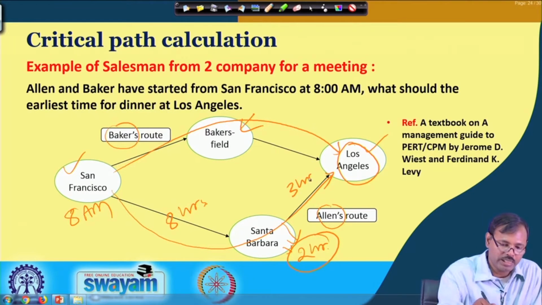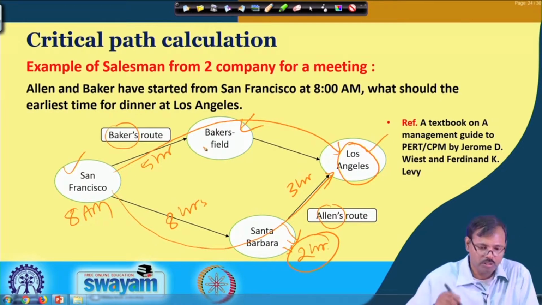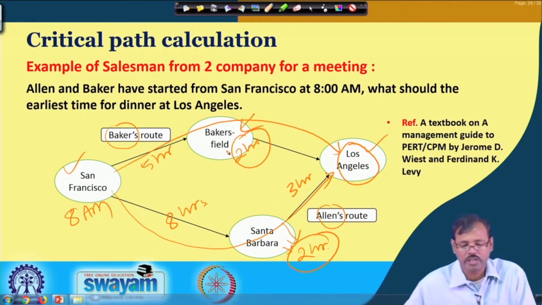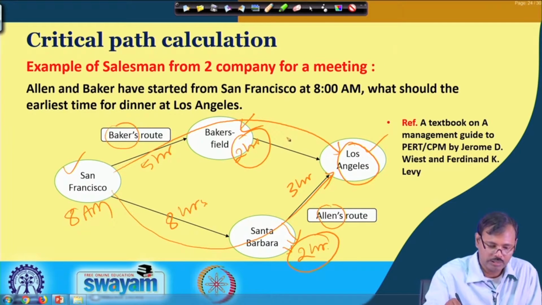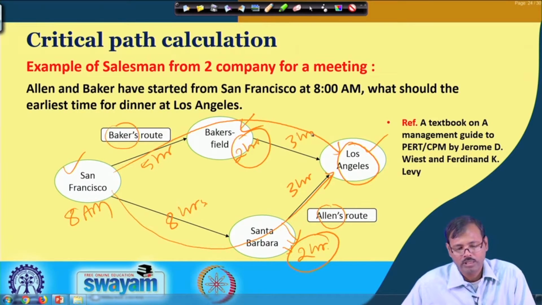However, Becker needs 5 hours to reach Bakersfield. He will also take 2 hours for lunch with his friend or meeting with his friend. Then he will take 3 hours from Bakersfield to Los Angeles.